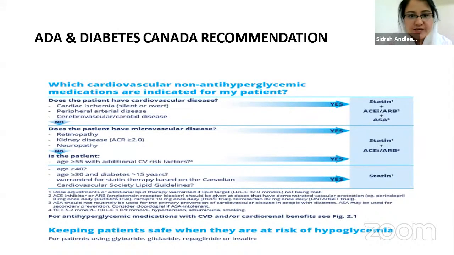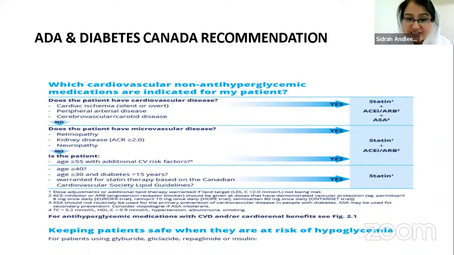For example, the patient has high cholesterol, but not high blood pressure. For example, the patient smokes, but does not have high blood pressure, and the patient is more than 55 years of age. So a patient who has diabetes and is more than 55 years of age and has at least one cardiac risk factor, you start an ACE or an ARB right away, even if the blood pressure is normal. So any patient with diabetes, more than 55, start an ACE inhibitor or an ARB, right?